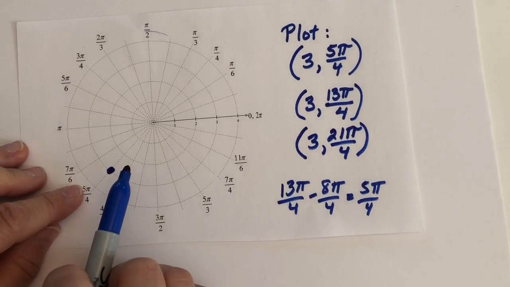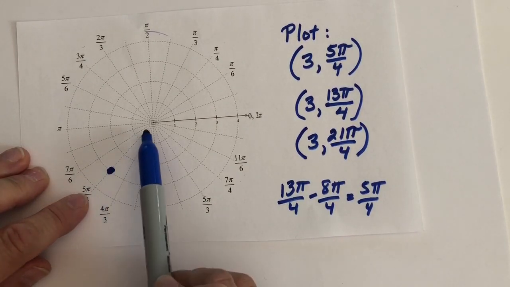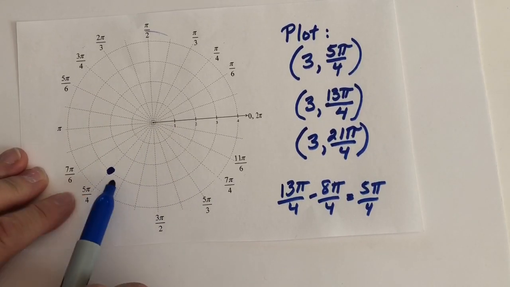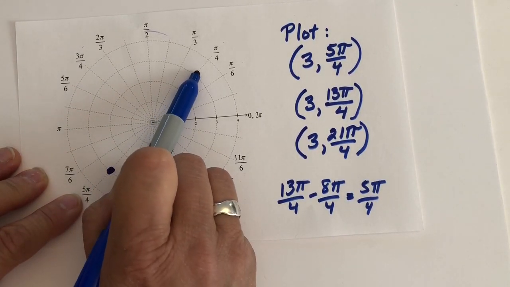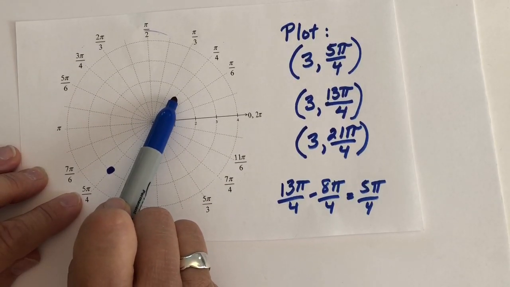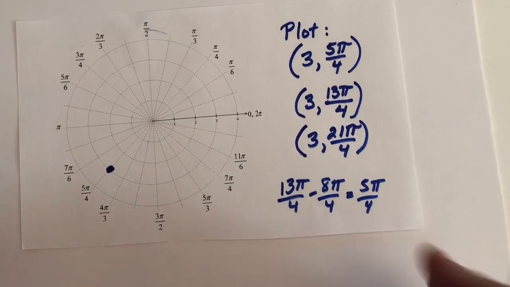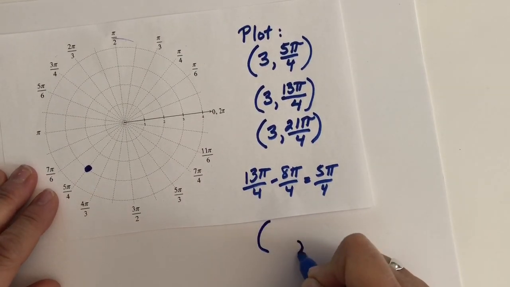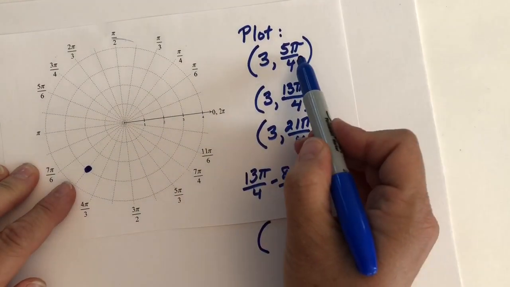And there's still more. What if we used a negative R value? Remember, we can use this angle. What's the angle opposite this 5 pi over 4? Opposite would be over here at pi over 4. So we could come over here to pi over 4 and use an R value that's negative. So if I move up just a little bit so we can see a little bit more, we make the theta be pi over 4, so exact opposite from this one.